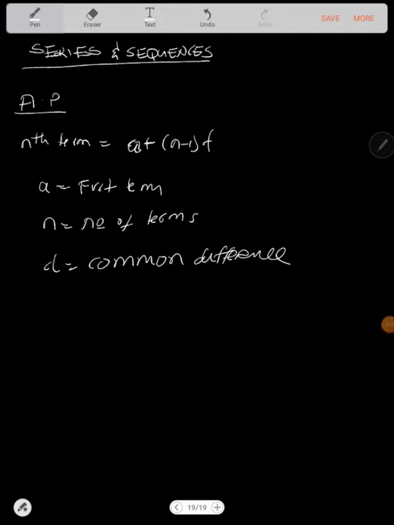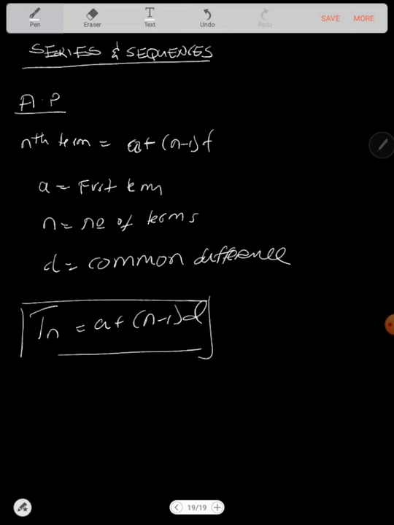So it's given by Tn is equal to A plus (N minus 1) times D. This is the formula for the nth term.